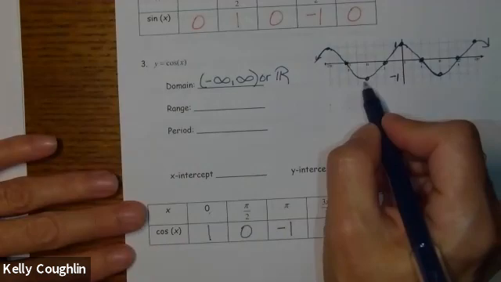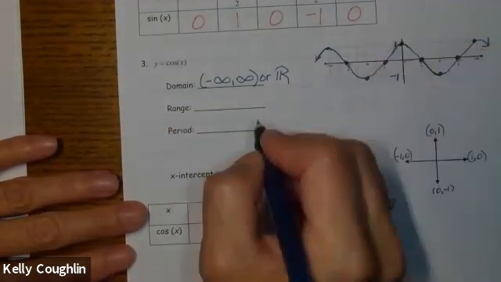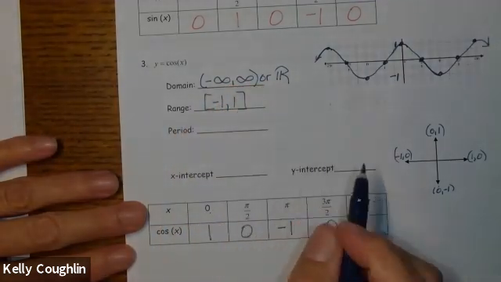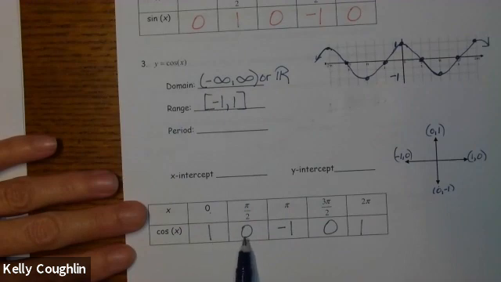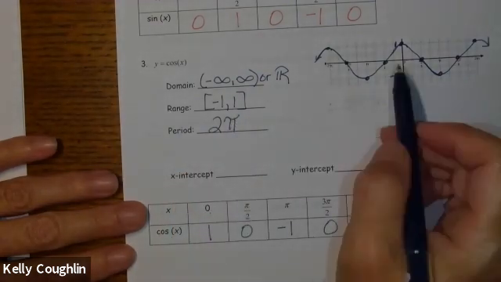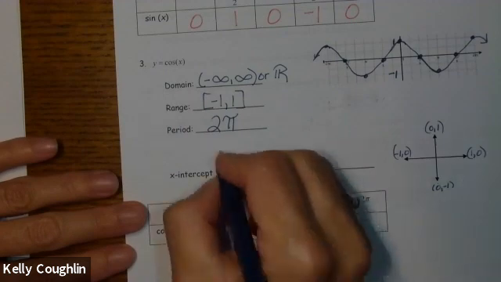The range still has a bottom of negative 1 and a top of 1, so that's still negative 1 to 1. And the period, notice we start at 0 and we start to repeat again at 2 pi, so that's a 2 pi period. Now the x-intercepts for this one are pi over 2, 0.